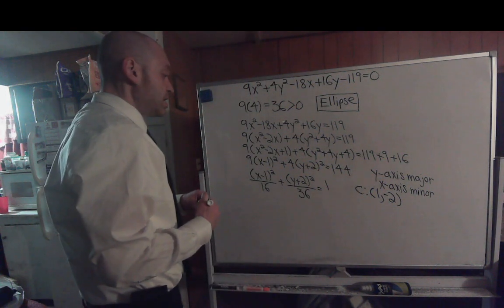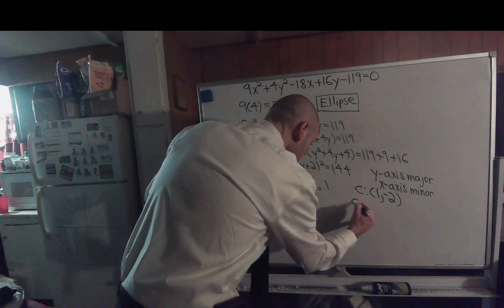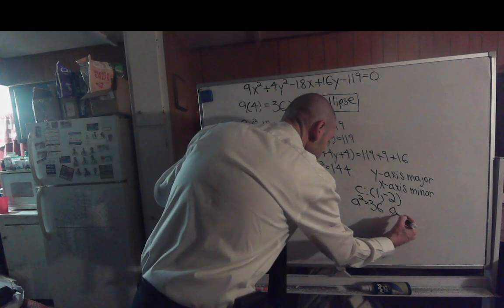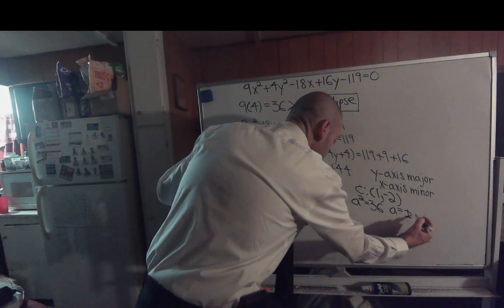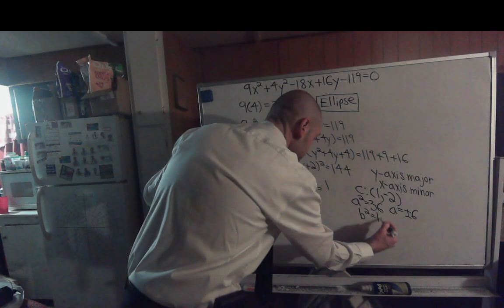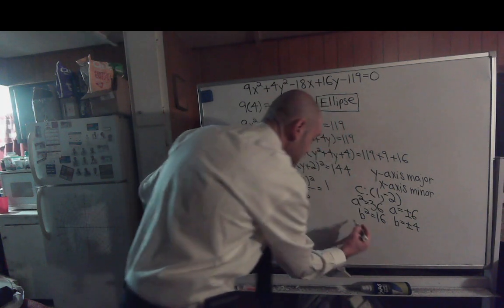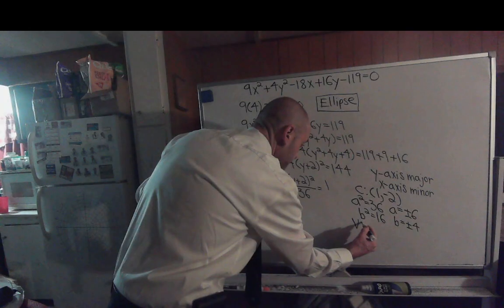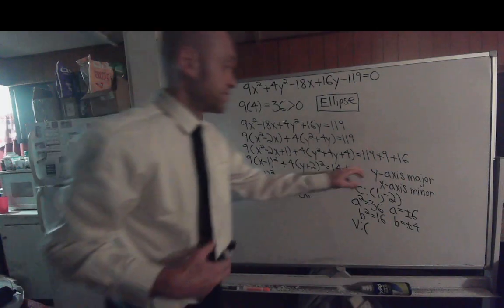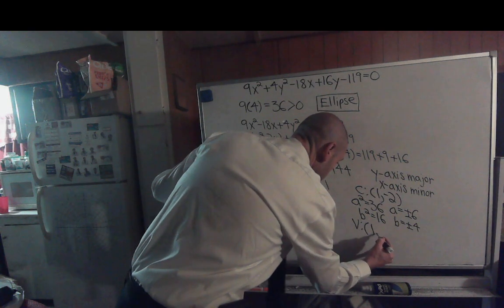Now, let's see. We can take a squared, of course, equals 36, which means a has to equal both plus and minus 6. B squared equals 16, which means b has to equal plus and minus 4. So now I can find my vertices. Let's start with the major axis first, being the y-axis. That means I'll leave my y-coordinate alone.